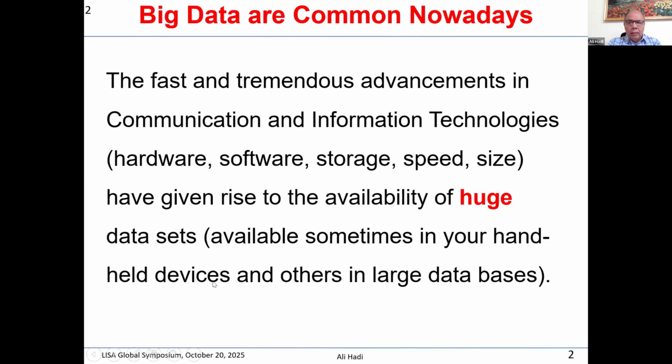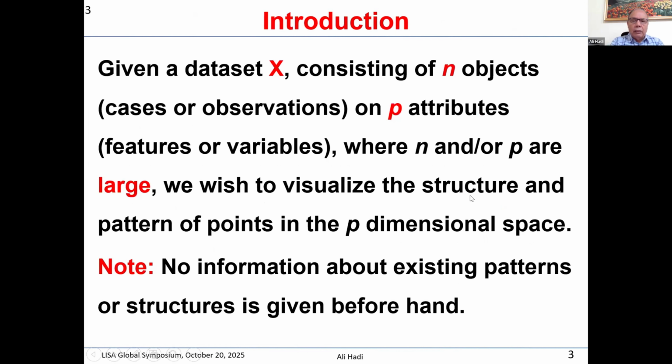So we have a huge data set. We call it X, just the notation, which has N objects or cases or observations, on P attributes or features or variables, as different people call them, where N and/or P are very large.